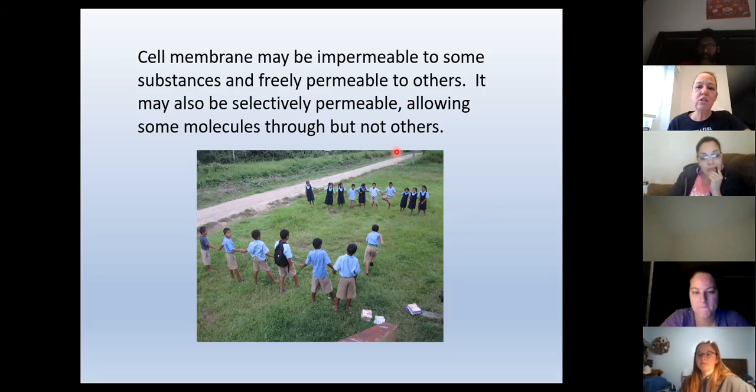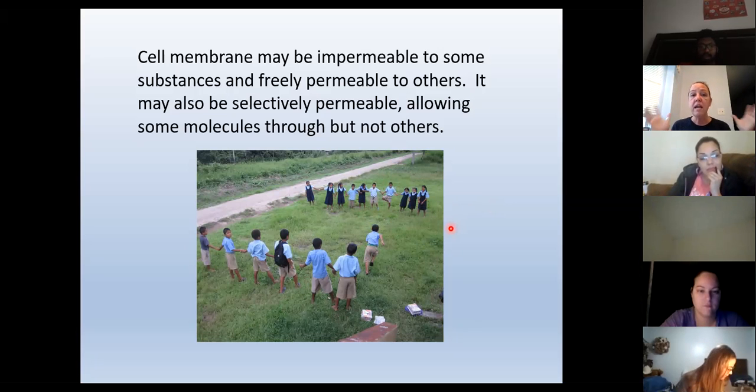If he breaks through, he gets to choose someone and join back his group. But if he does not break through, they get to keep him. It's just a little children's game, but this is a great visual representation of a cell membrane.